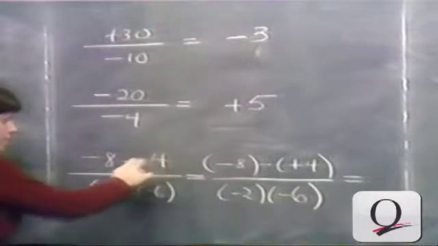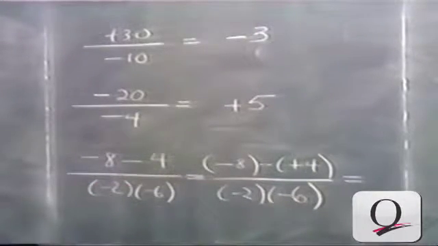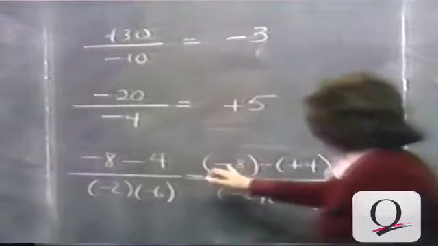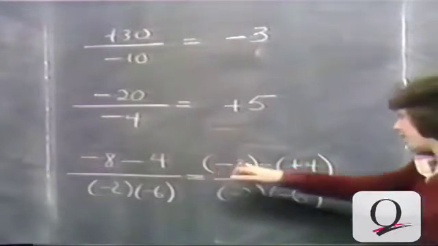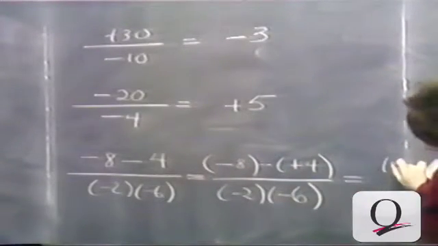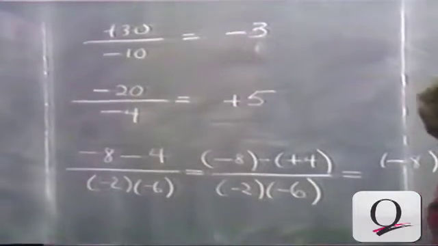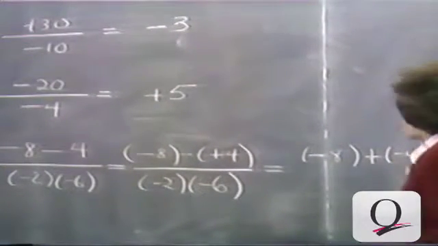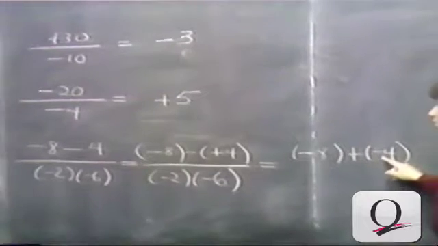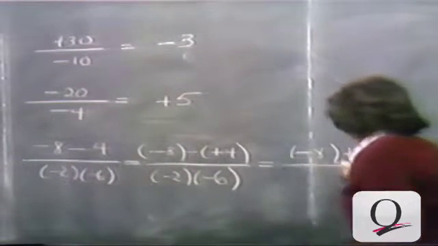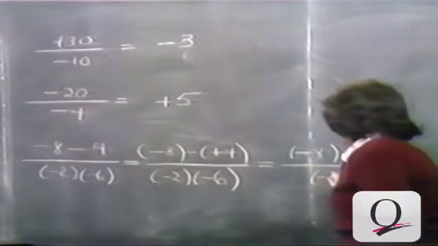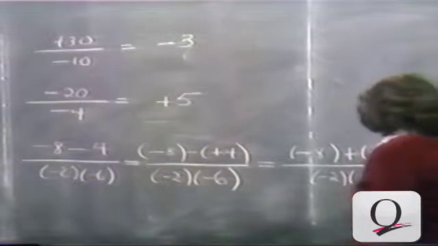This must be a plus 4 that's being subtracted here. In the numerator, we have minus 8 take away plus 4. That's really minus 8 plus a minus 4. We change the subtraction to addition, and we change the sign on the second number. And here we have minus 2 times minus 6.